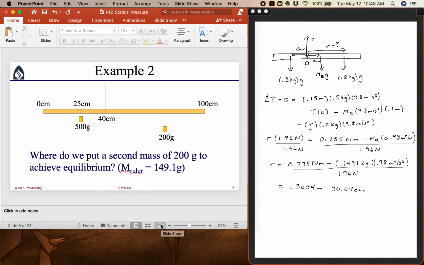If this is the 40 centimeter mark, and I need to add 30.04 centimeters to the 40 centimeter mark, that means I should hang that mass at the 70.04 centimeter mark. So if I look at the markings on the ruler, I hang this weight at 70.04 centimeters, and then the ruler should balance.